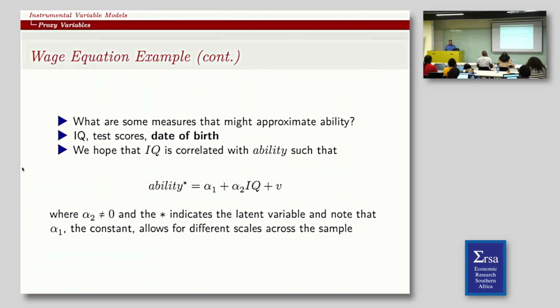Here, very specifically, we want IQ to be correlated with ability. If we were to run this linear regression, remember, we don't observe this, so we can't really run this regression. But we want to think about alpha 2 as being some sort of estimable parameter if we had the actual data.